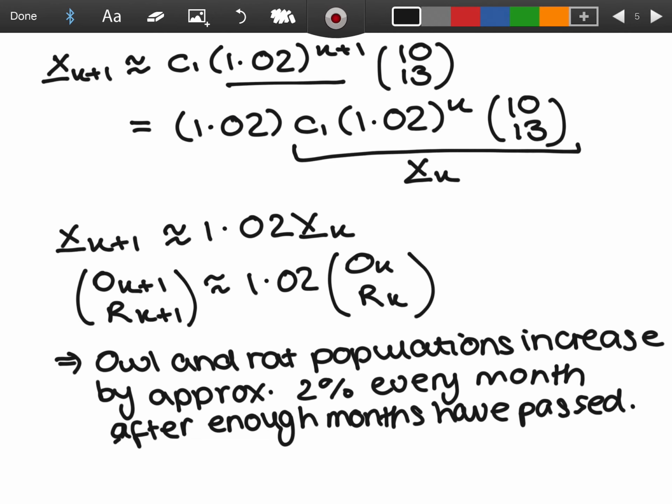So I get my xk term times a constant. And that tells me that on average, for a large enough k, my populations are both going to increase by 2% every month after enough months have passed.